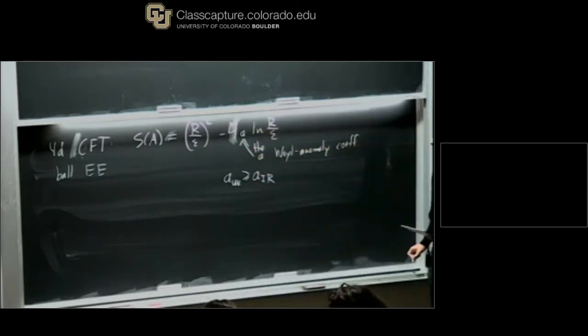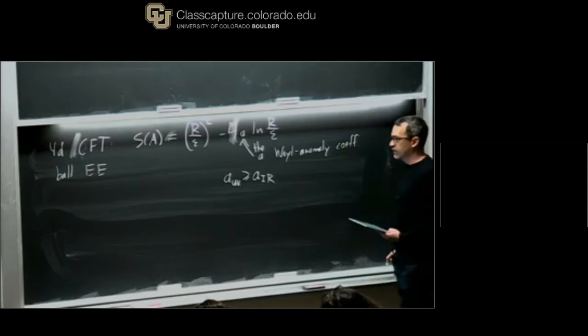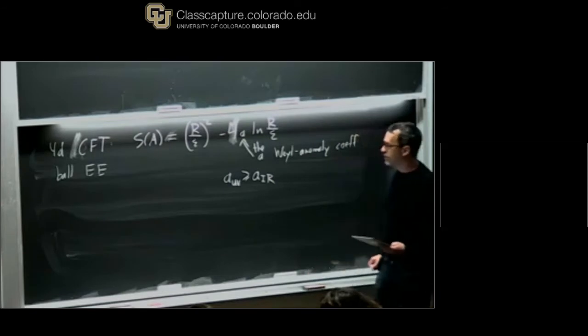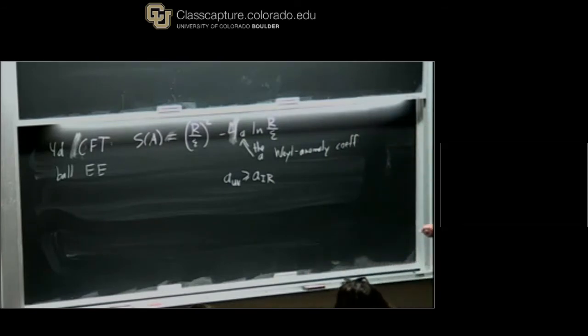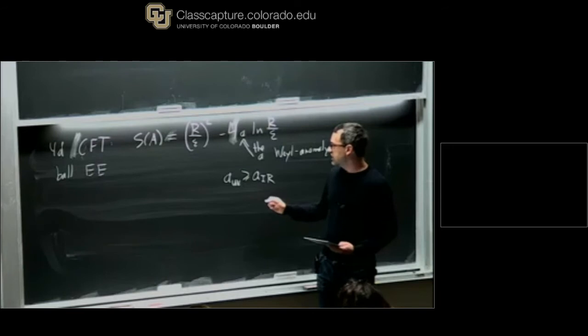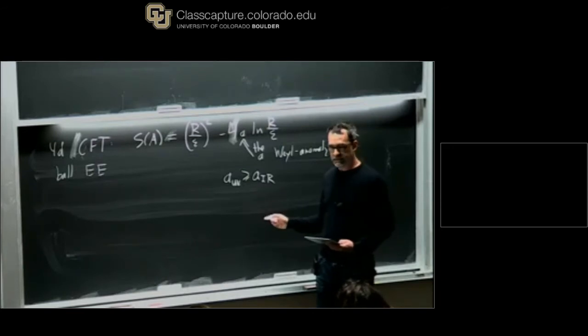In 4D, you have two Weyl anomaly coefficients. One is called A and the other is called C. They multiply different curvature invariants. Cardy conjectured that A is the one that decreases along RG flows.